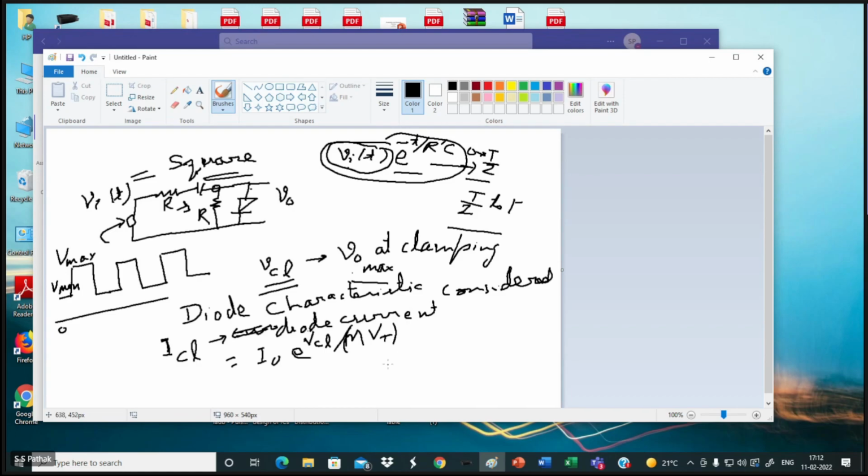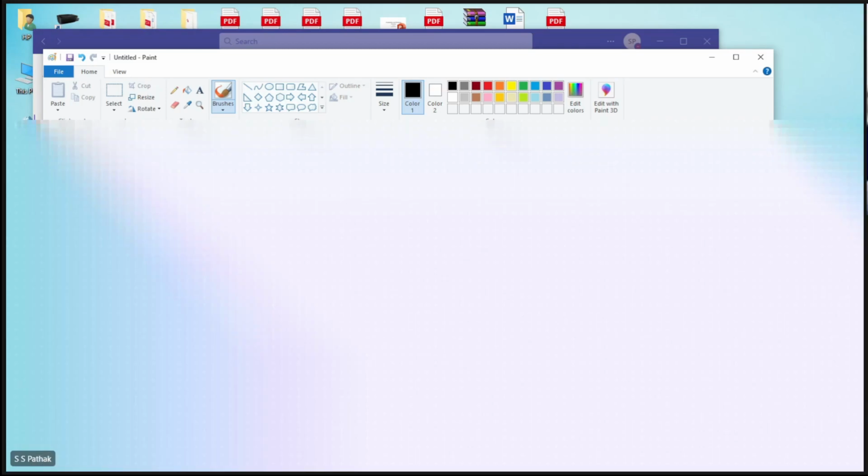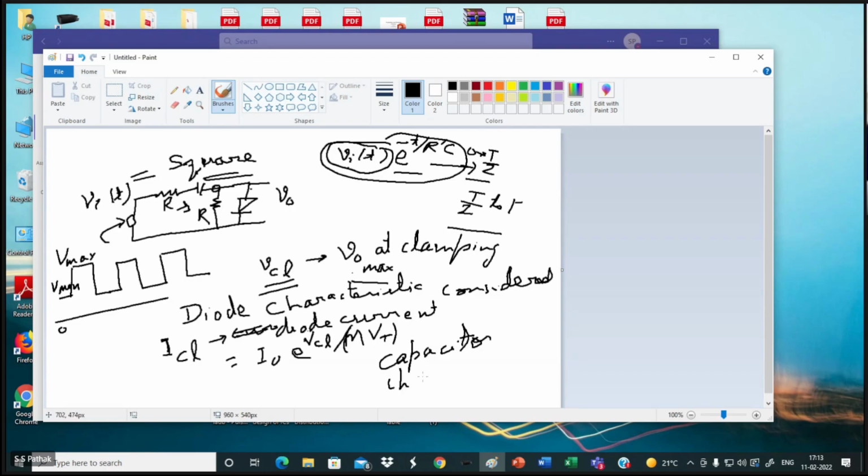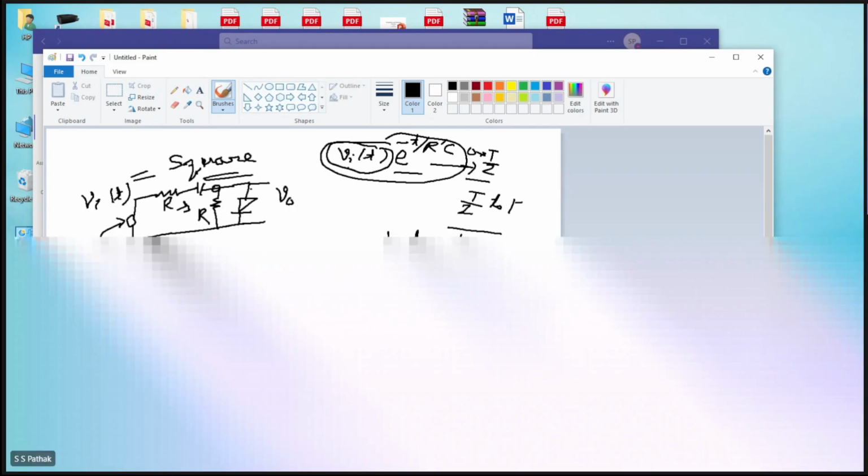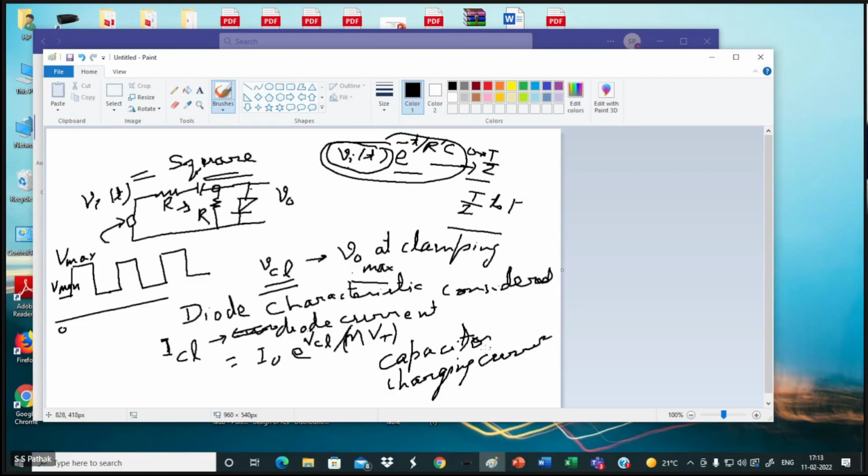The capacitor charging current will be ICL plus the current through this resistance R, that is VCL by R. This can be neglected for the time being.